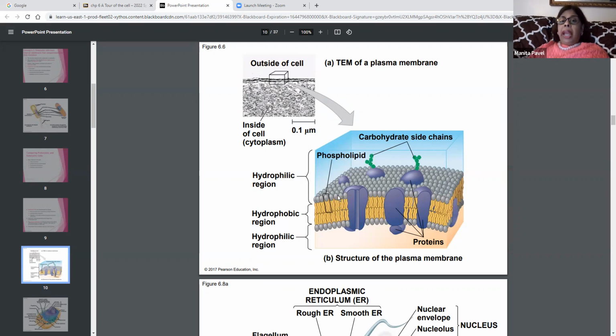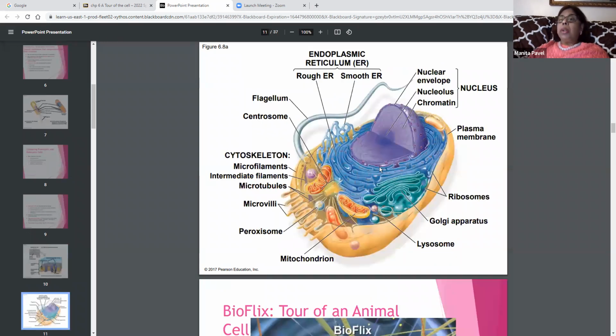The phospholipid head is hydrophilic because it faces water, and the hydrophobic fatty acid tails because they fear water. So these are water-loving heads and water-fearing tails. We'll go into detail with the plasma membrane in the next chapter.